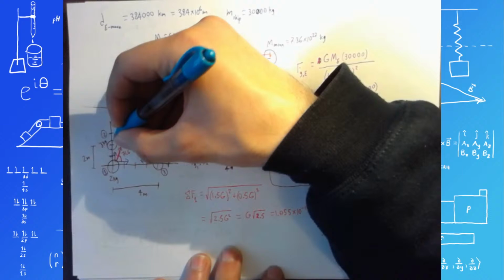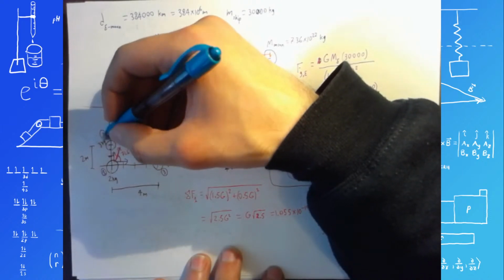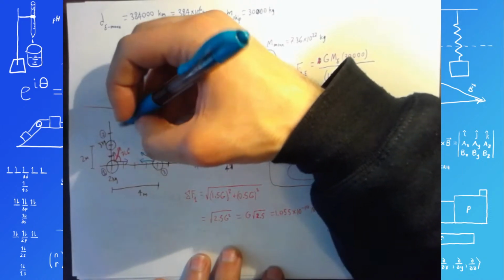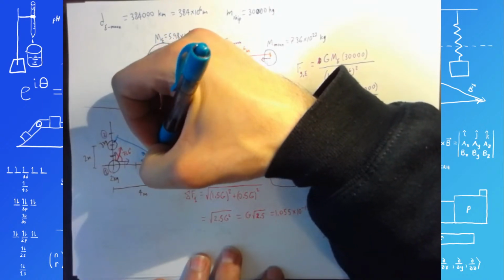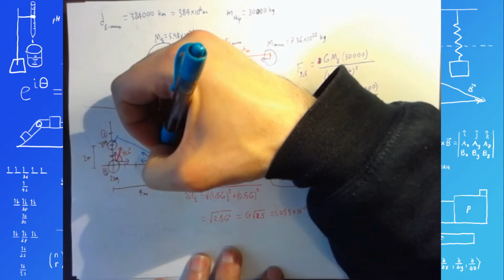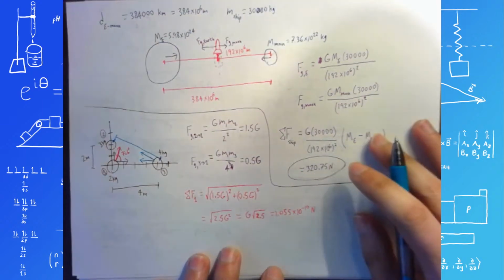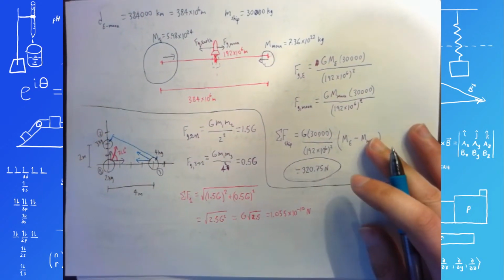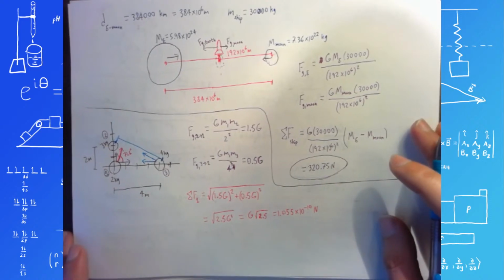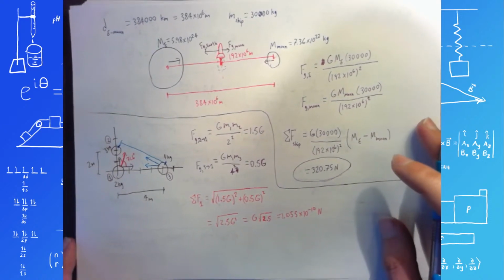And for that, we would need to do big G times 3 kilograms times 4 kilograms divided by this distance squared. And this distance squared would be what? It would be 2 squared plus 4 squared. You don't even need to square root because we need the distance squared.